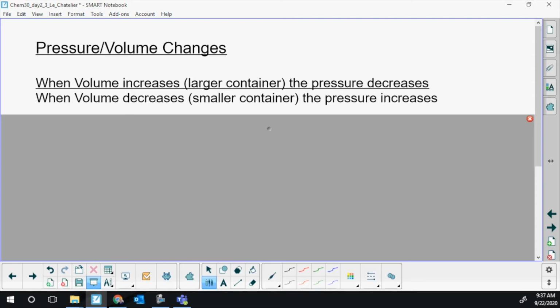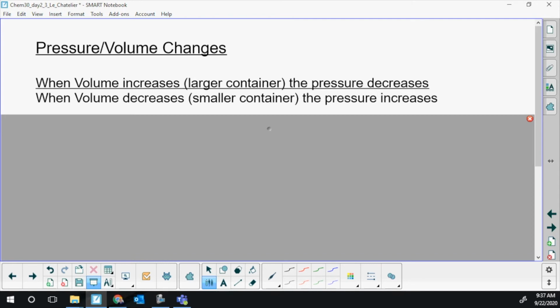Now we've got to just quickly go through how pressure and volume relate to each other before we go through the effects of pressure volume changes. I'm going to use a bunch of math language. When volume increases, so if you have a container and you make it bigger and you keep everything else the same, the pressure inside is going to go down.